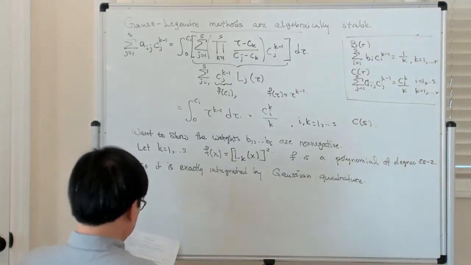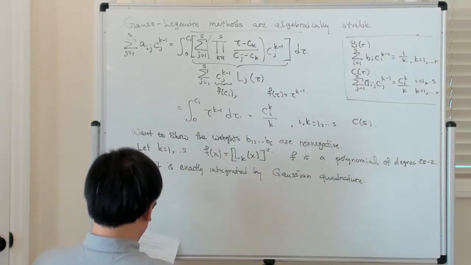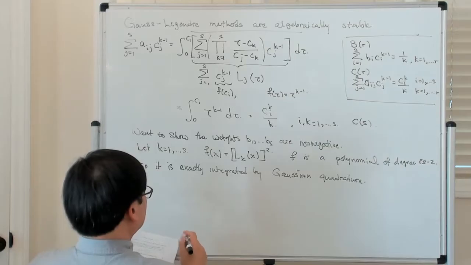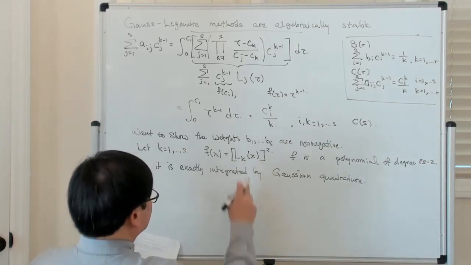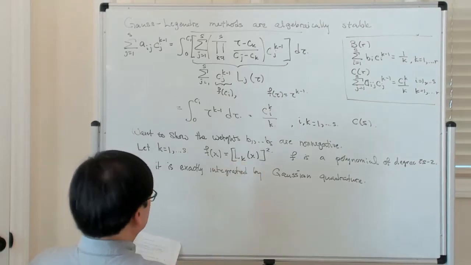Okay, and then we also know that the Lagrange polynomials have the Kronecker delta property, right?